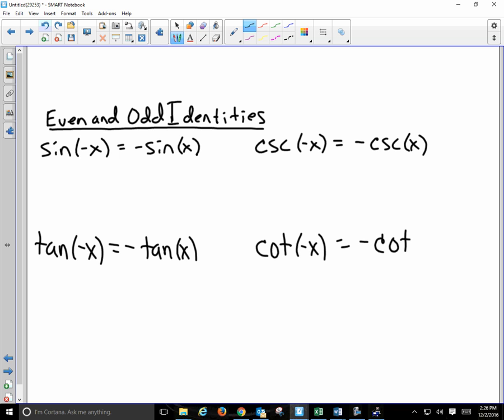And if we have cotangent, we also move the negative out front. So sine and tangent, cosecant, cotangent, you move the negative out front. But for cosine, it's different. The negative value just disappears.